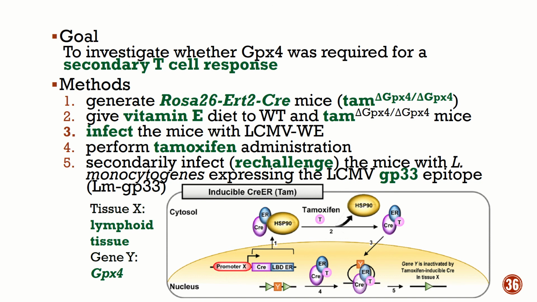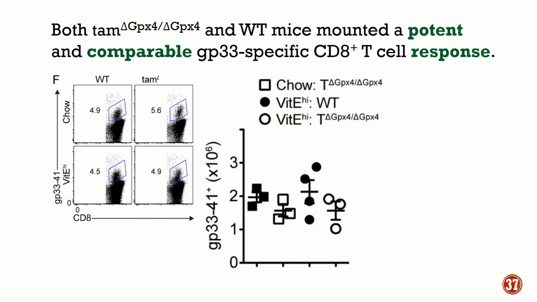So we can see in the results, the difference is very small. There's no significant difference. It's very comparable between the GPX4 knockout mice and wild-type mice in the secondary T cell response.